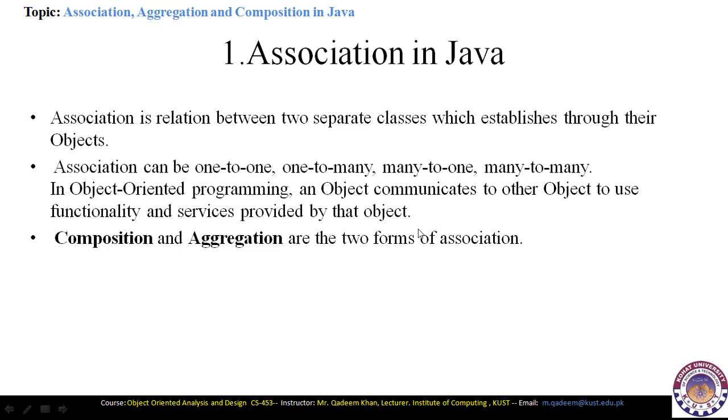So when we instantiate the objects in another class, that means the other class's objects, functionalities and services, that is the information and functions, can be accessed in another class. Composition and aggregation are two forms of associations. In the previous diagram we have already seen that composition and aggregation are the subsets of the association.